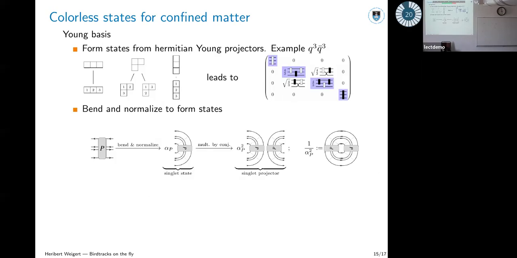Let's look at another basis of singlets. And for this, the whole shebang with the Young projectors pays off dramatically. You just take any of the elements of the algebra that I obtained from my Young projection and transition operators. Call any of these P, take it and bend it around as a diagram.